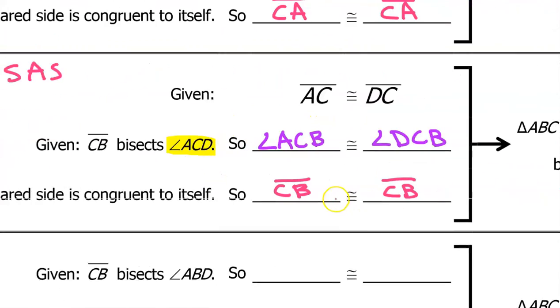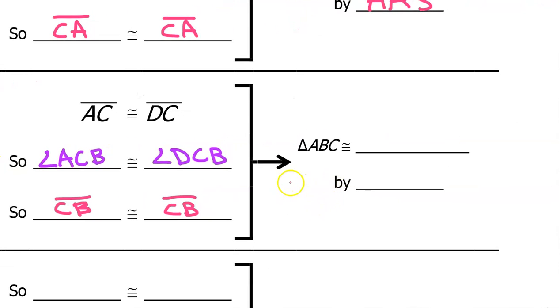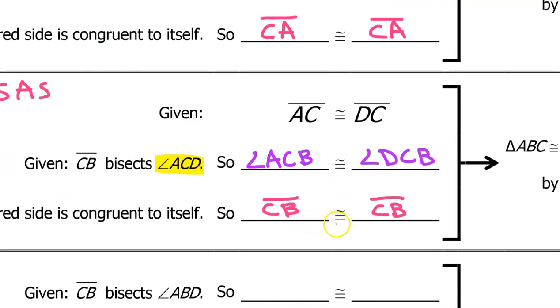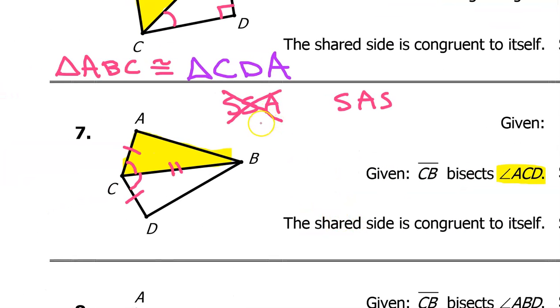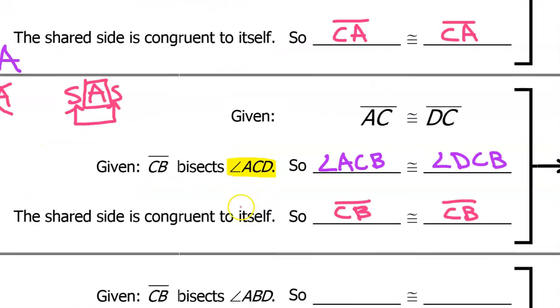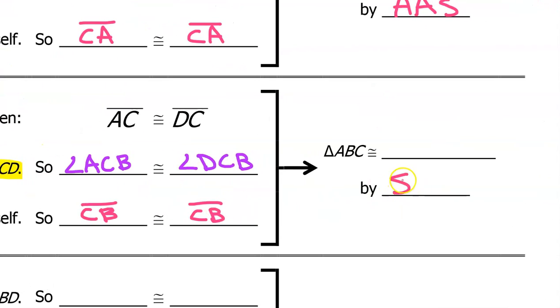So if this is going to be a fair problem, it really can't be side-side-angle. So we kind of know it's going to be side-angle-side, but if you look at it, it makes sense because the angle is between the two sides. See how this angle is between these two sides. That's what makes it side-angle-side. So we can go ahead and put that down.